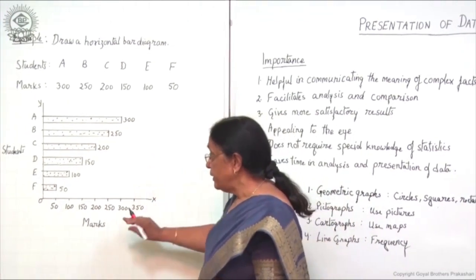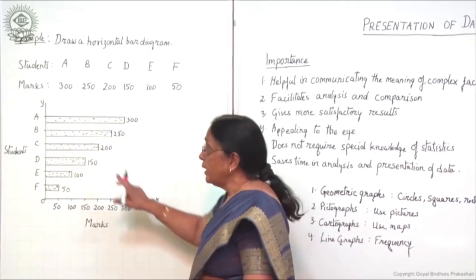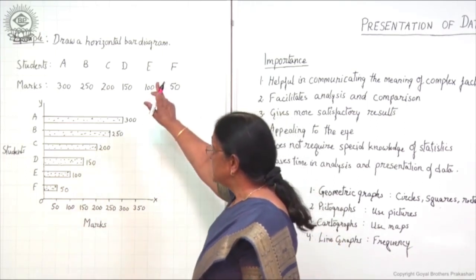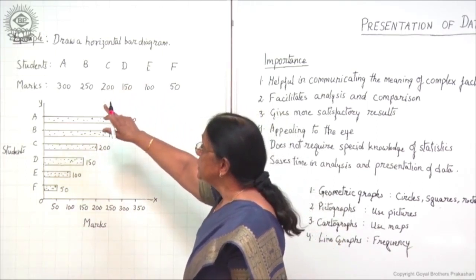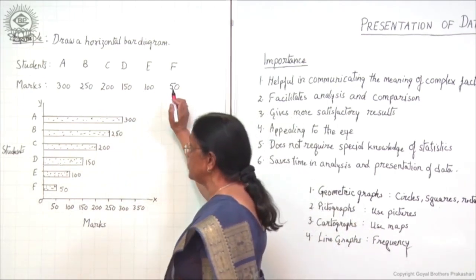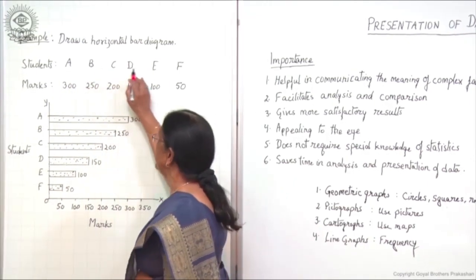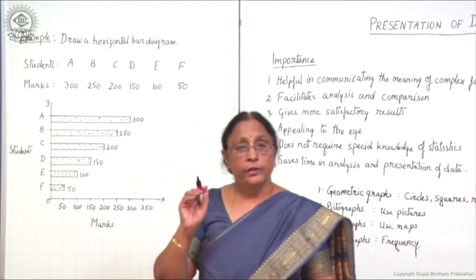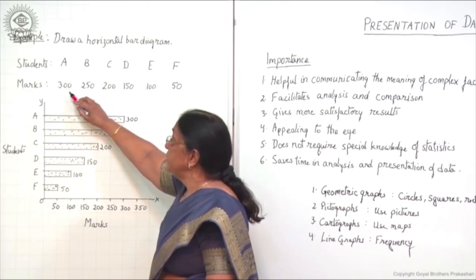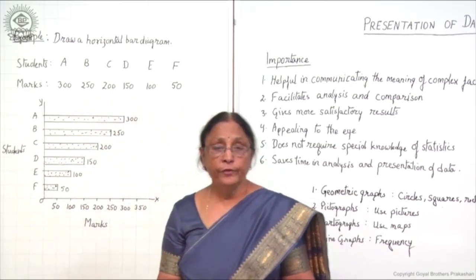And remember that here the variable is taken on the x-axis and the number of students on the y-axis. The example here shows students and marks. In a class, suppose there are some groups of students, maybe A, B, C, D, E, F, and each group is getting marks like this: 300, 250, 200, 150, 150.